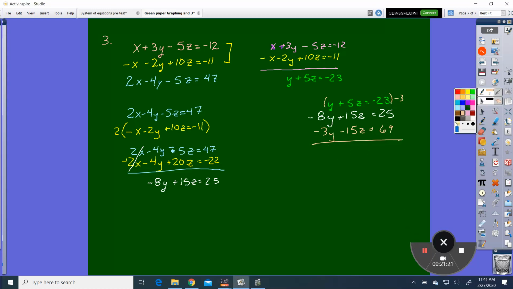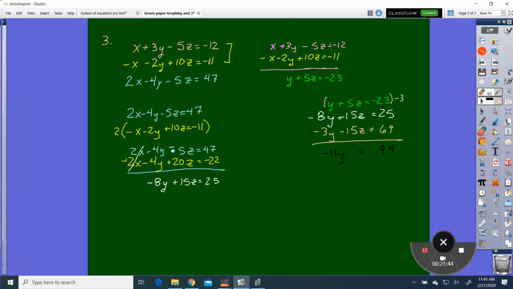So when we combine those, we get negative 11y. The z's go away. 5 plus 9 is 14. Carry the 1. 394. That's not good. It's supposed to be a nice fraction or something. So hold on while I try to figure out my mistake. So I found my mistake. My mistake was right here.